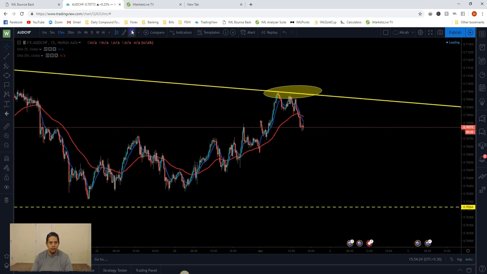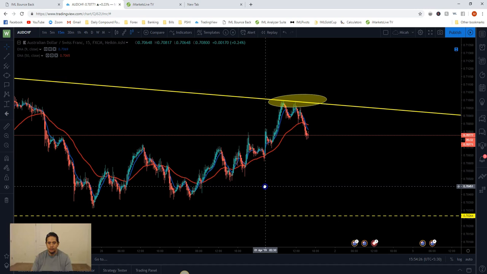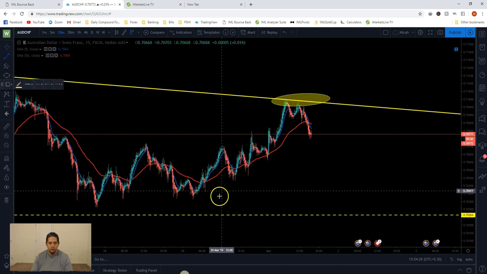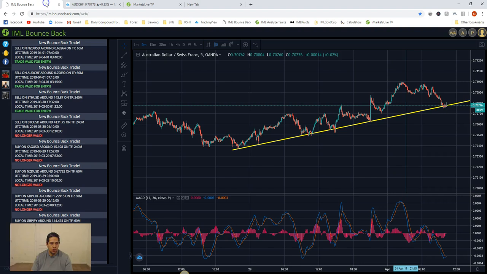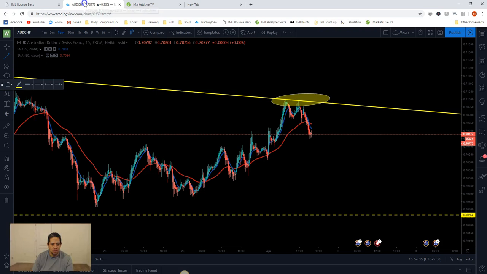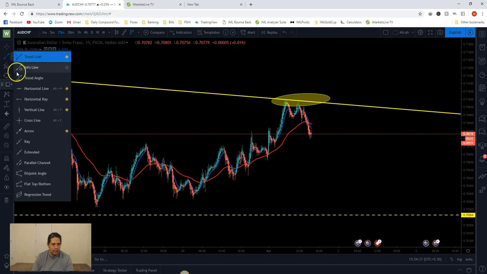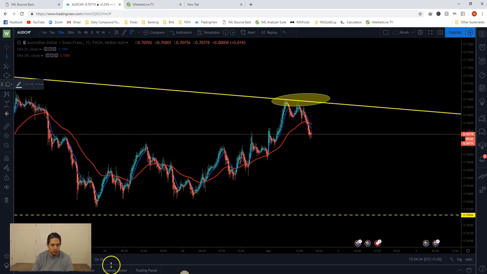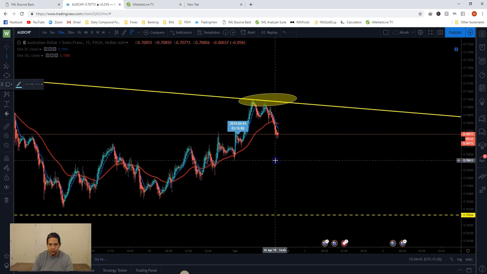Draw our trend line on the 15 minute, and the trade was called at 3:15. So let's go look for 3:15. Let's mark it with a blue vertical line.